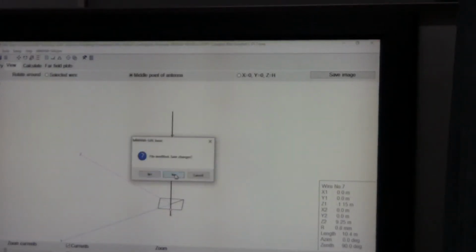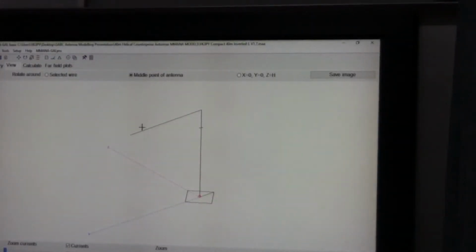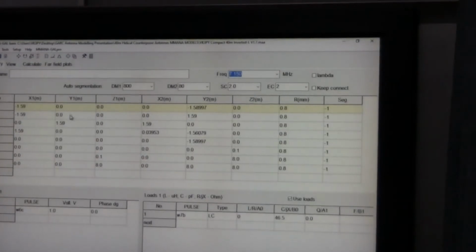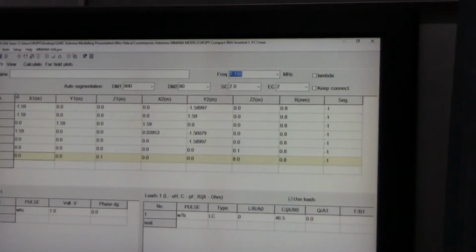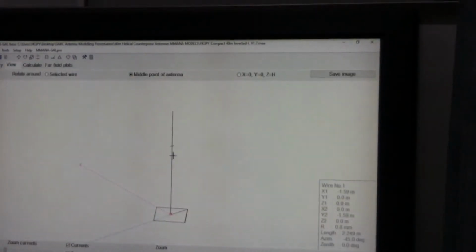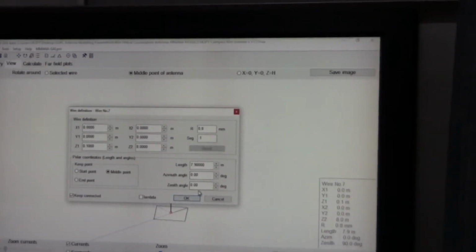Bear with me. I'm trying to change things on the fly here. What wire is this? Number 7. Okay. So I'll change it.